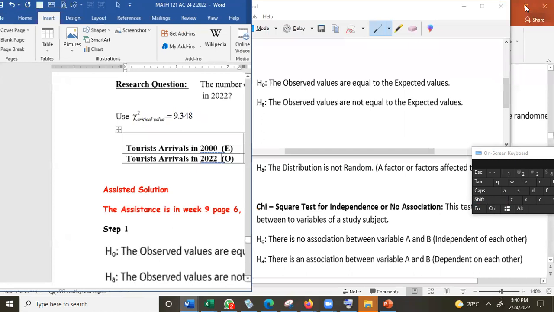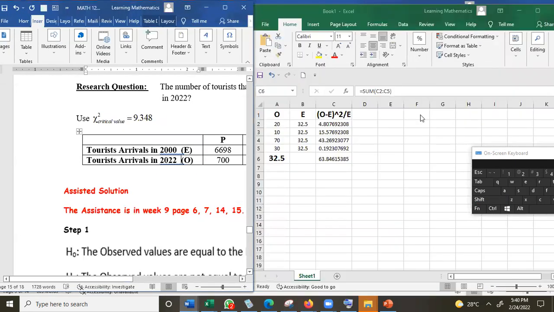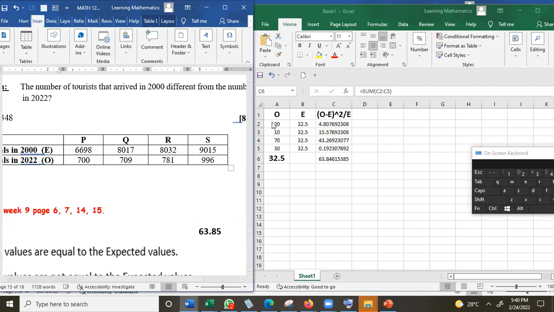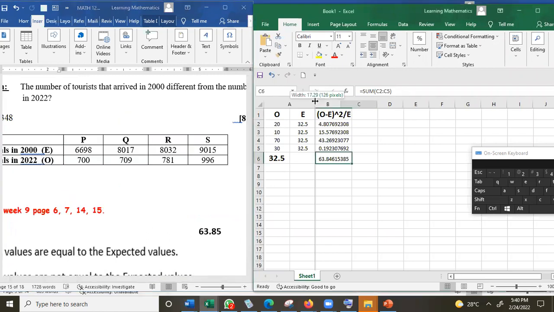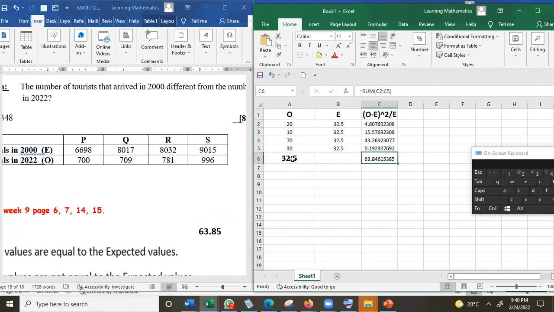Take note of that. Then we have to calculate the chi-square test statistic. We have the formula predetermined there already. All we need to do is insert those numbers here. The same formula. So the changes I'm going to do here will automatically give us our chi-square test statistic.